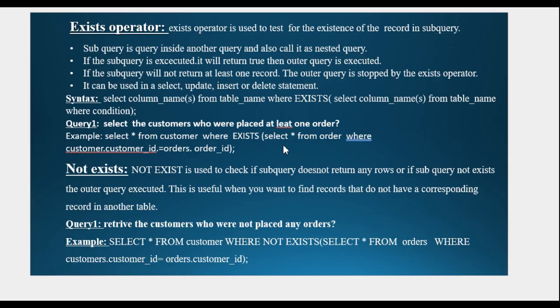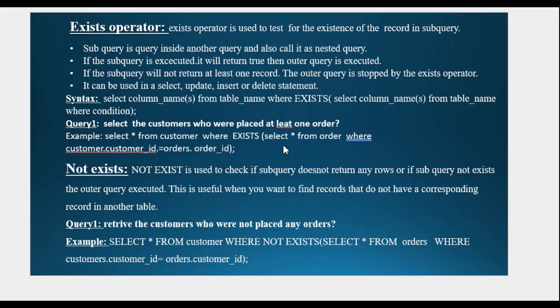In banking systems, find the accounts with no transactions. In the school management system, find the students who are not enrolled in any course. In an inventory system, we can find the products that were never sold, and in an HR system, we are finding the employees who never logged attendance.